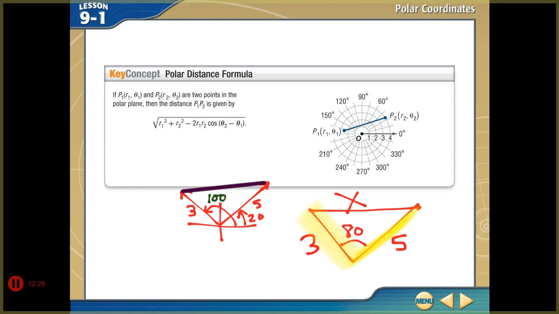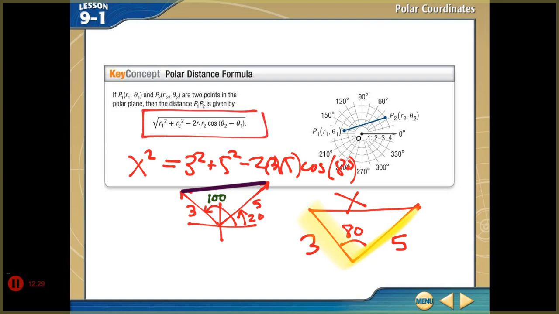So I would get x squared equals 3 squared plus 5 squared minus 2 times 3 times 5 times cosine of the angle, in this case 80. And when I take the square root, we get x. All this big mess is that generalized.